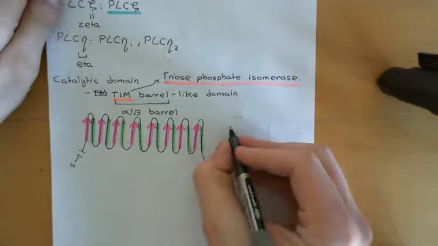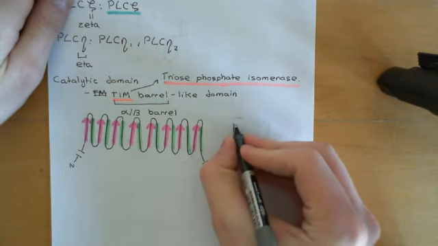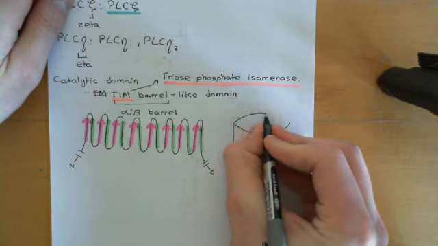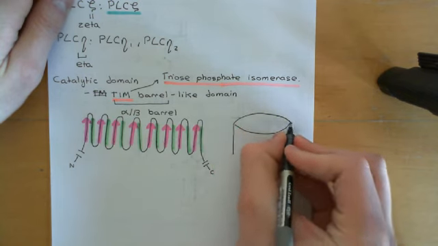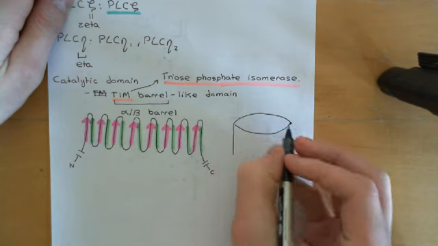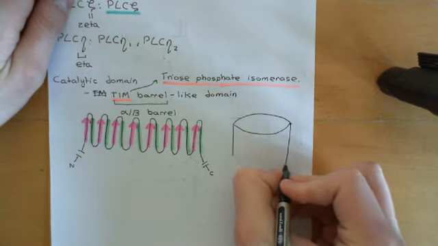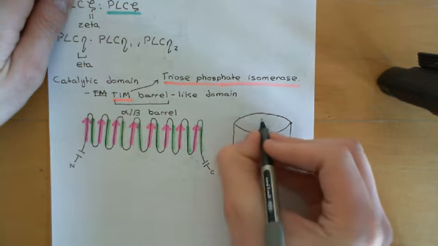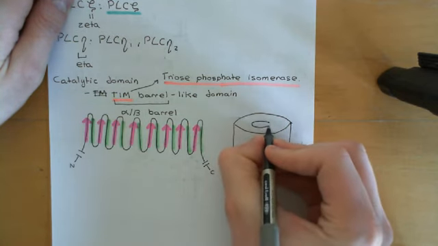Let me show this here. You're going to have the beta sheets forming a cylinder on the inside, and then the alpha helices will be around the outside. Here is our TIM barrel.